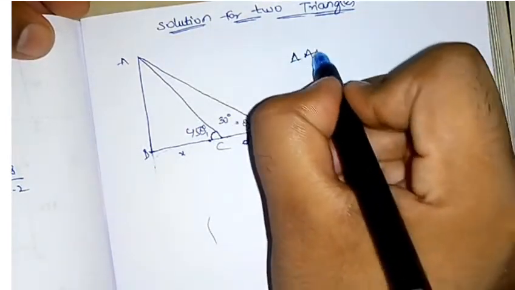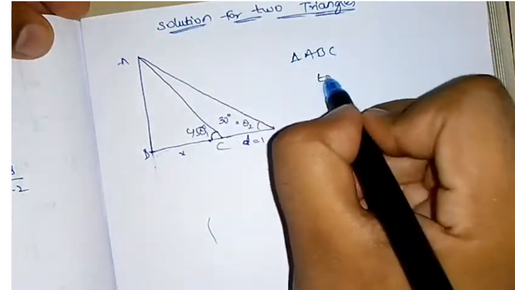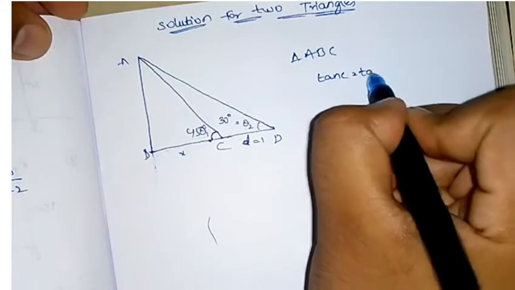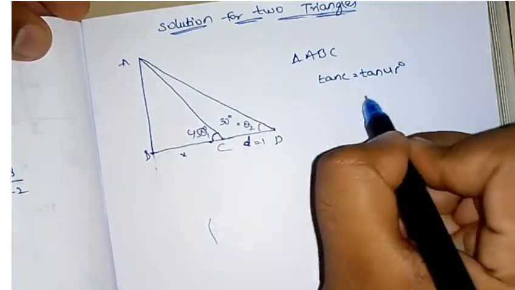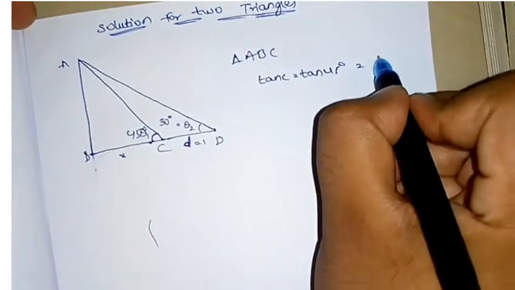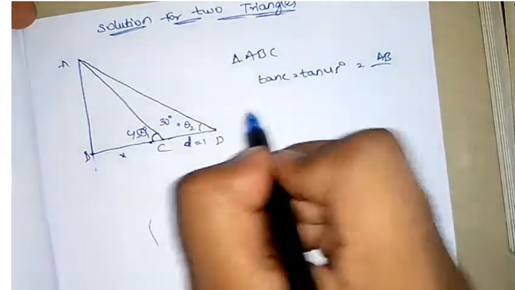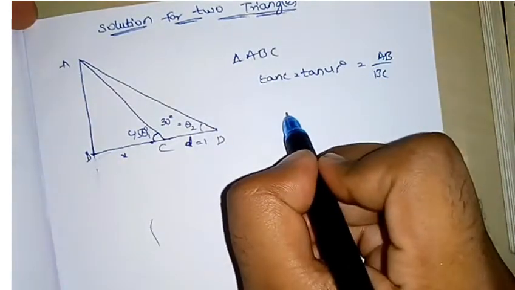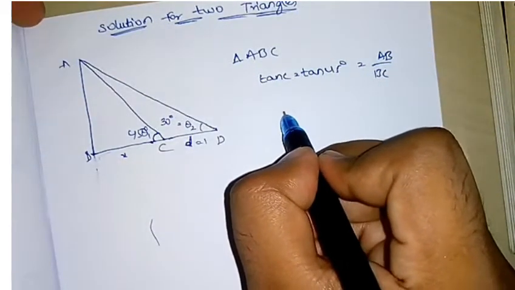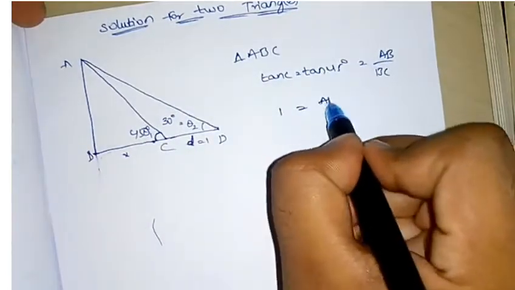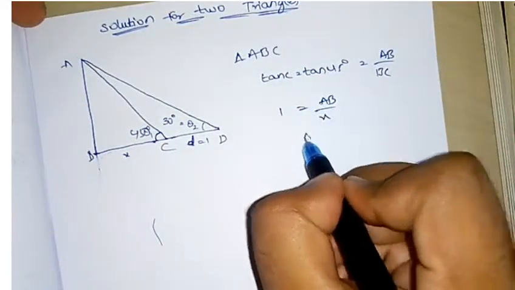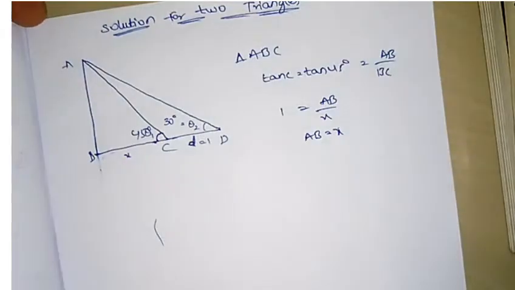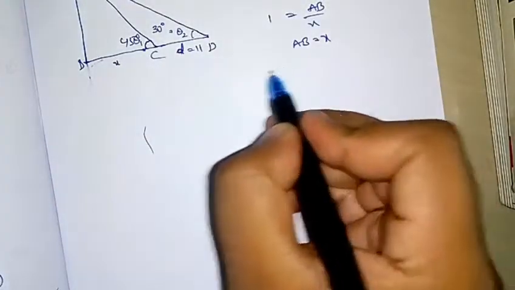In triangle ABC, tan C is equal to tan 45 degrees is equal to AB by BC, which is equal to 1, which is AB by x. Therefore AB is equal to x.